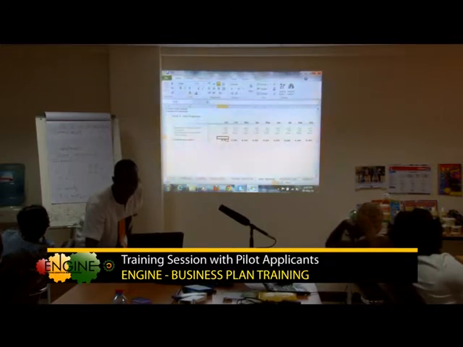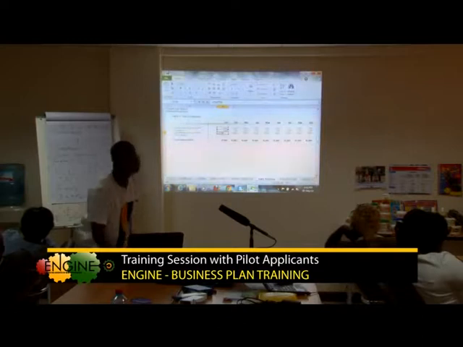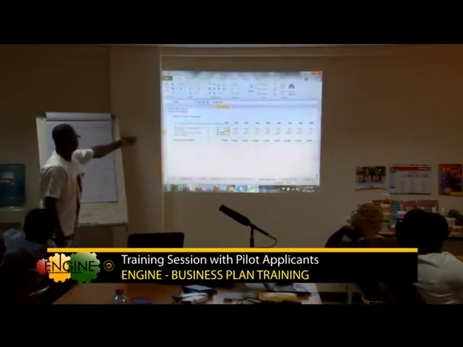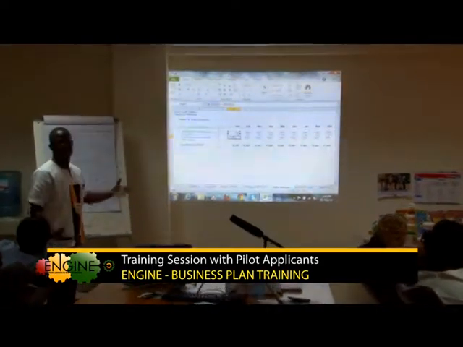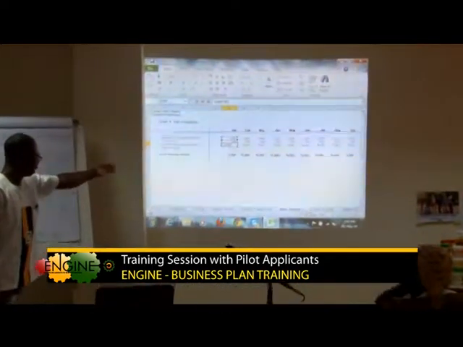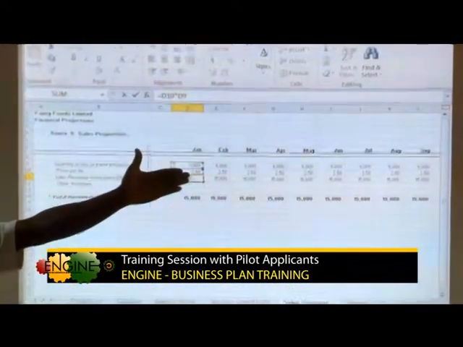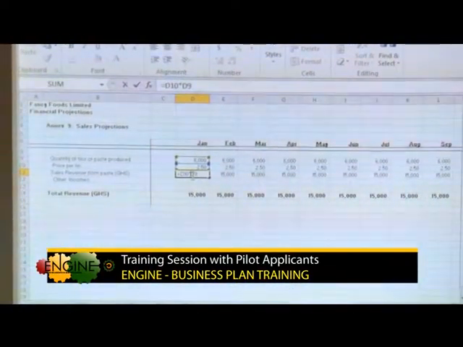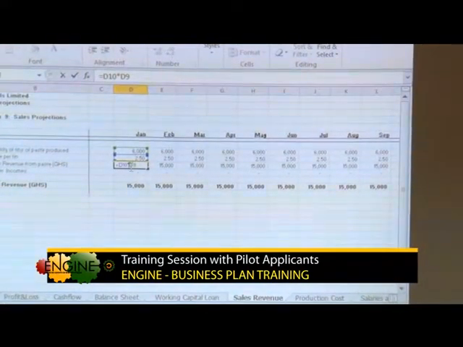But the actual figure which I need, this one, how do I get it? Good. It is just the quantity I produce multiplied by what? The selling price. And then I'll get my sales revenue. So I'll do it for every month, and I'll get the total. If there are other incomes, I'll add them to it and I'll get the total revenue.